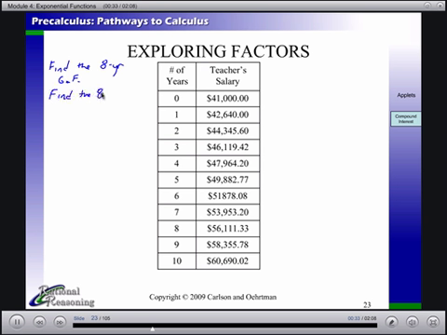Find the 8-year percent change. Write the function for the salary after x years.